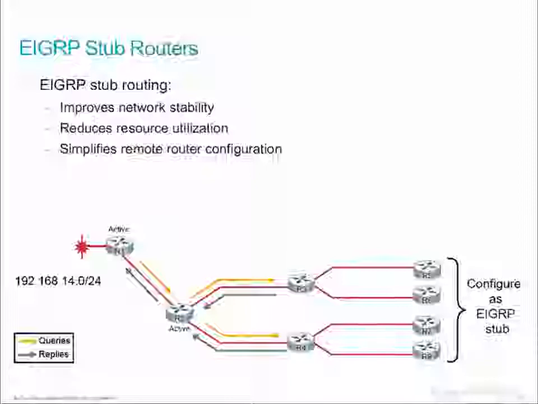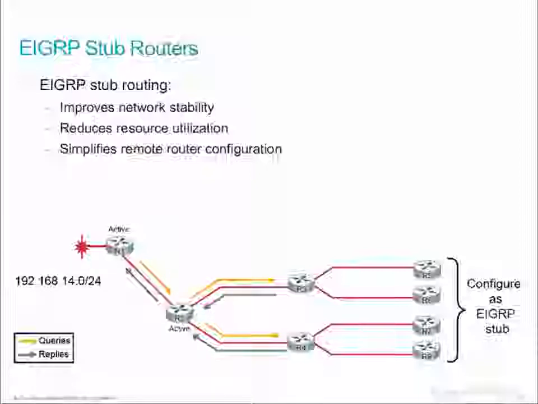It's attached to a stub network, which basically means that we only have one way in and one way out. So there's really no reason that R1 should ever query R2 for networks that exist in this enterprise domain behind R1.